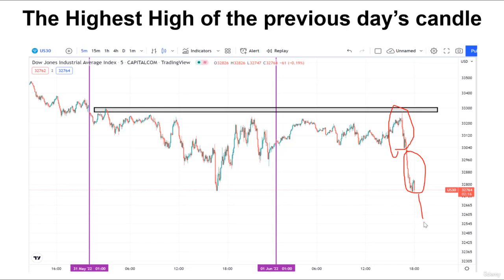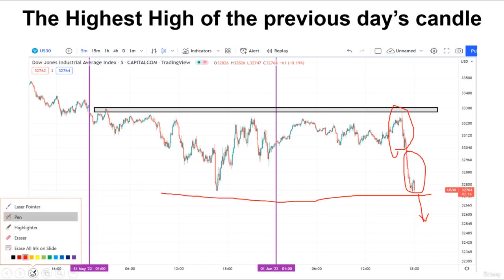I guess it was bearish again, but you see the reaction to the lowest low of the previous day. When you see the reaction again, and you think the market is going to be bullish, you could go for a buy from this zone. Otherwise, you could wait for the breakout of this zone and go for a sell. I just tell you everything.